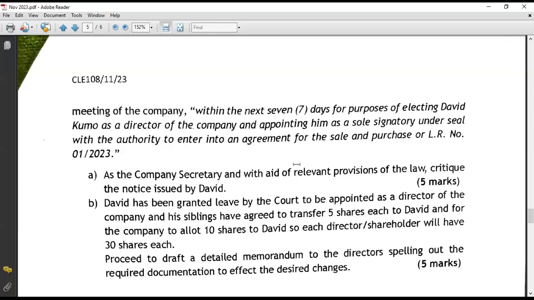Critique the notice issued by David, Helen. First, it has to do with the timelines within which this meeting is supposed to be held. Even before you go to timelines, what is the position of a director who has been declared bankrupt?